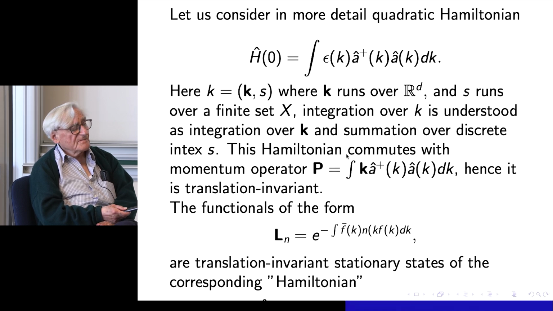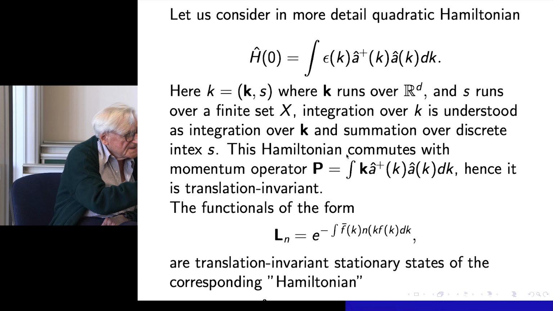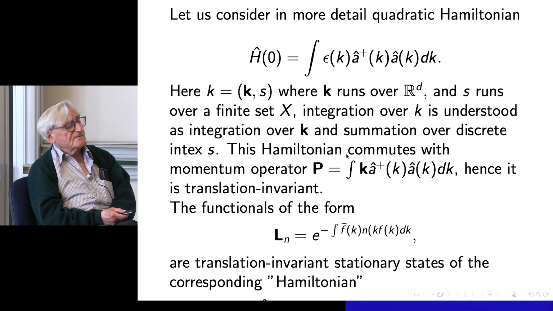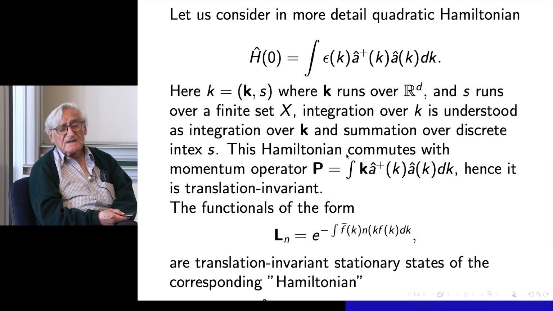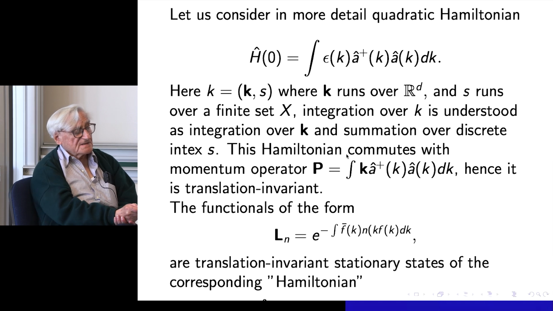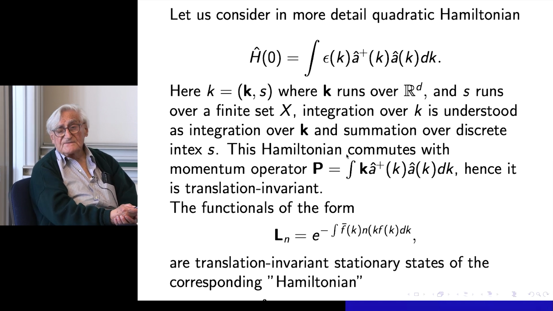And the simplest example is the case of the quadratic Hamiltonian, which is written here as the integral of epsilon of k, a star k, a k, dk. And in this case, as I have said, everything is very nice in finite volume.